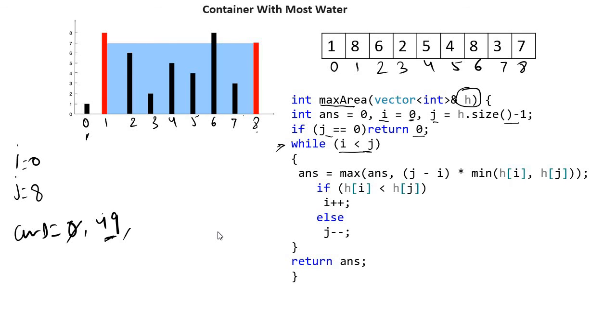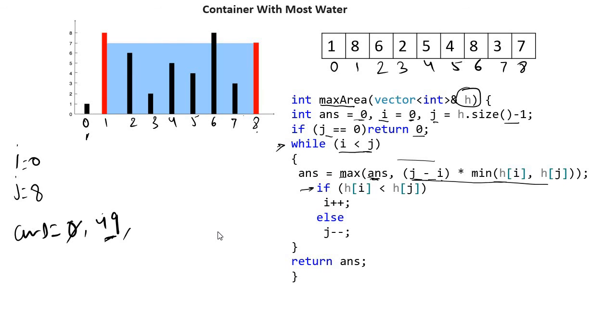Here, answer stores our result and has been initialized with 0. In this I am taking the maximum of either answer or j minus i into the minimum of the heights. This finds the difference, the gap between these two bars, and the minimum height. The product of these two will be our answer, and we calculate the maximum this way.